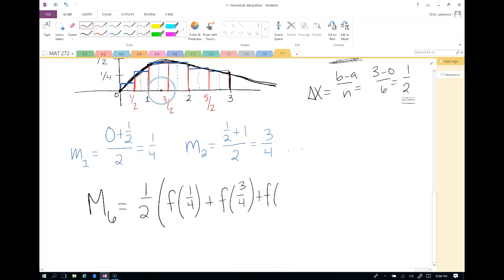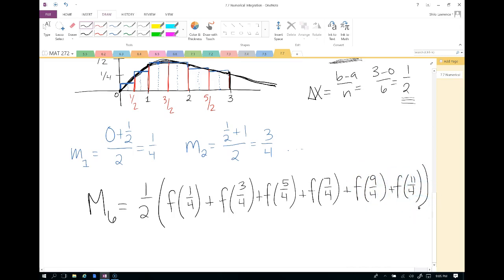The midpoint for rectangle 3 is going to be halfway between 1 and 3/2, or it's also going to be exactly a half more than 3/4, which is 5/4. And then the next one is 7/4, and 9/4, and 11/4. And you should probably go ahead and confirm this for each of them. This is the point right here, and this is the point, this is the point right here.